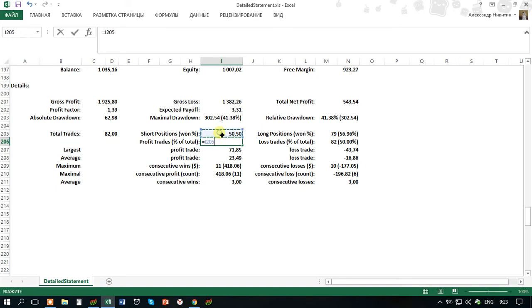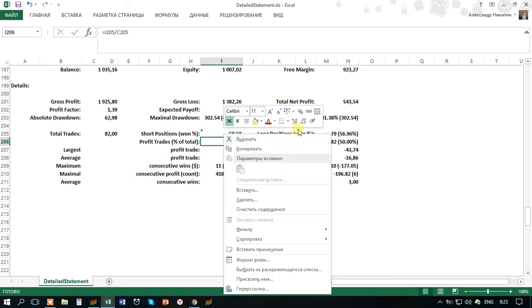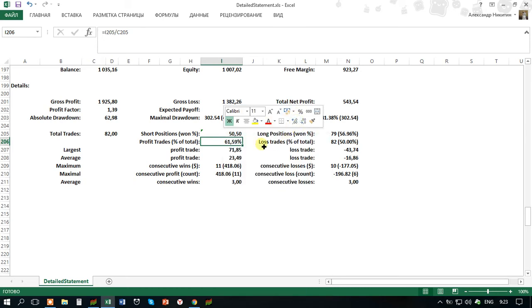It equals the number of profitable trades divided by the total number of trades. So it is 61.58%. Okay, perfect. Done. 62%. Okay, nice.